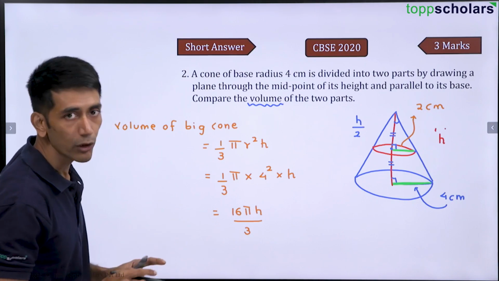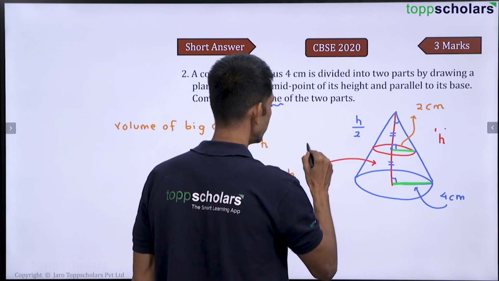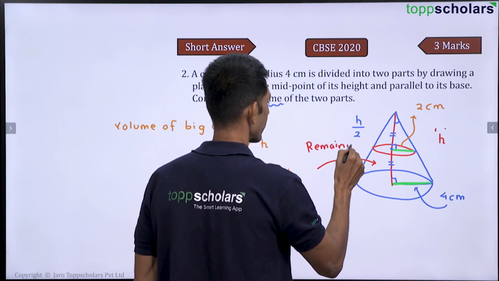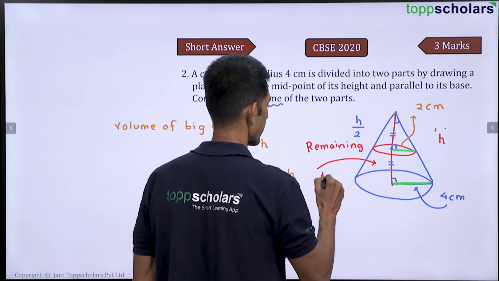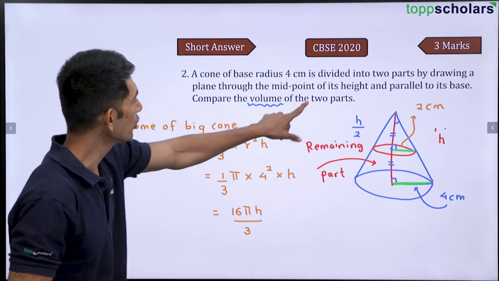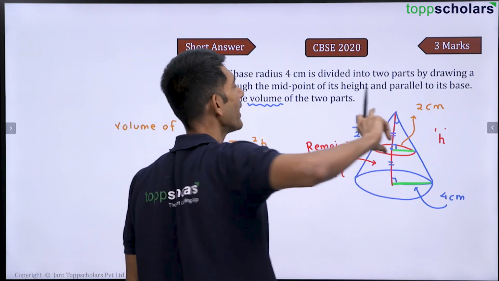What will be the volume of the remaining part? Can I say this part, the frustum, is the remaining part? There are two parts: the upper part is the small cone and the lower part is the frustum.